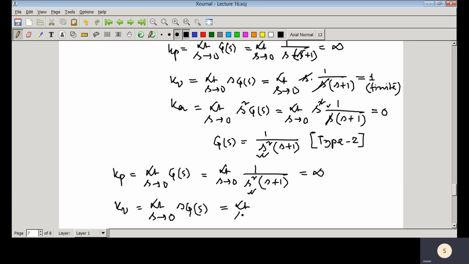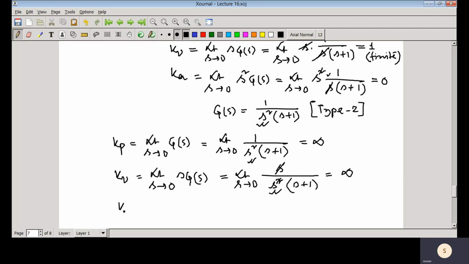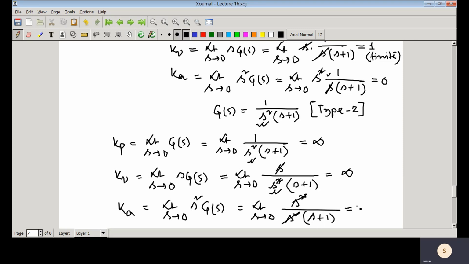So here you have one pole at origin, so you can see that that would be infinity. And in this case Ka, what is that? That would be limit s tends to 0 of s square into G(s), and in the bottom you have again s square, so this one will be cancelled out, and here s equal to 0, so this is equal to 1. That means it is a finite value.